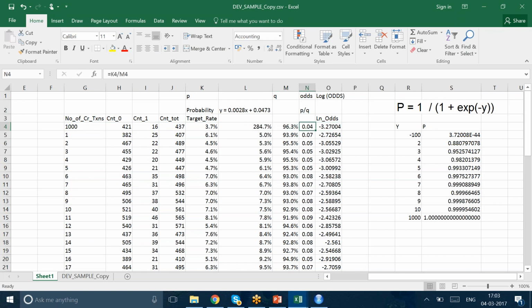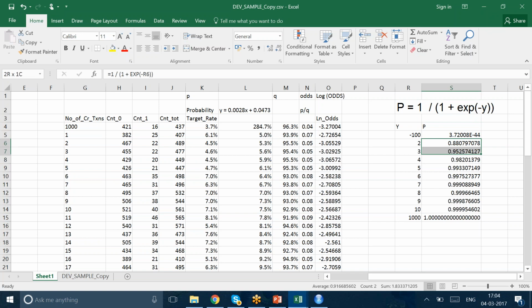But if I change this, instead of modeling the target rate, this P directly, I model a log odds, build an equation, and then I get some y value, and then I put that y value in a reverse form, which is 1 upon 1 plus exponential minus y, and then compute probability.